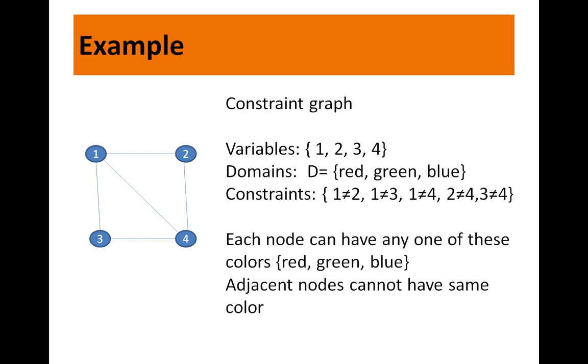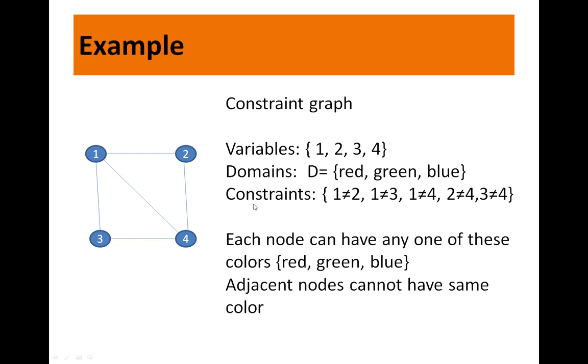The domains are red, green, and blue, right? So what is the constraint? You can color these nodes, using only these three colors, in such a way that no adjacent nodes have the same color.